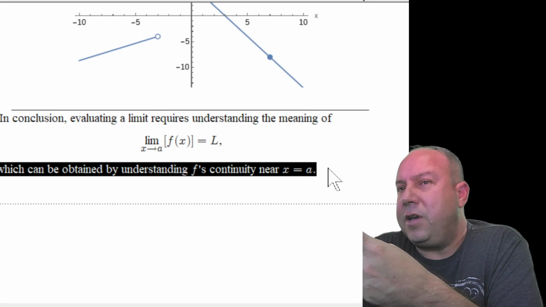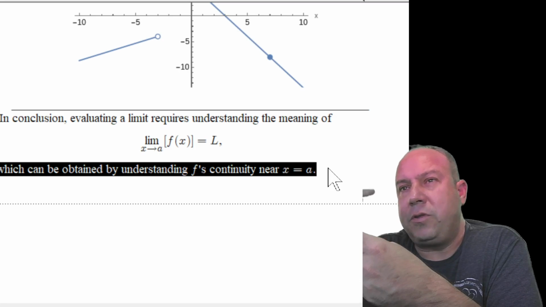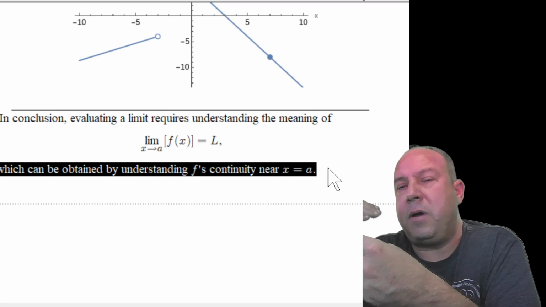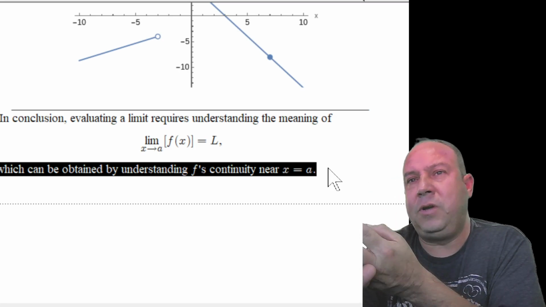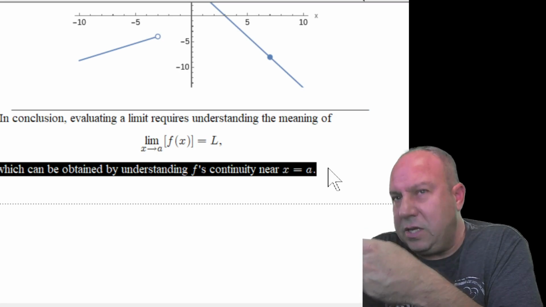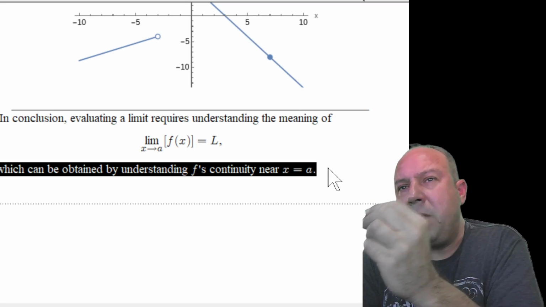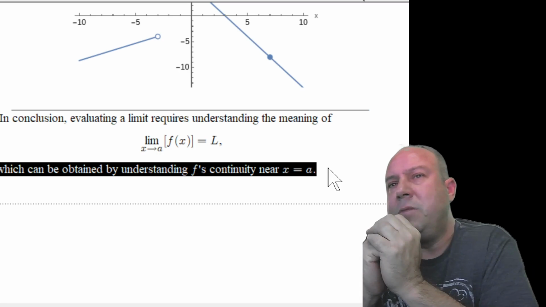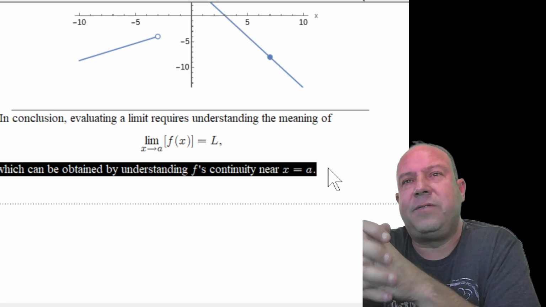When criterion 2 and 3, or any three of them altogether, have to do with the idea of continuity. When we see continuity, though, we can automatically jump right over to the substitution method, and substitution method works just fine.